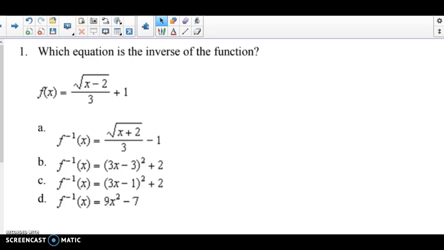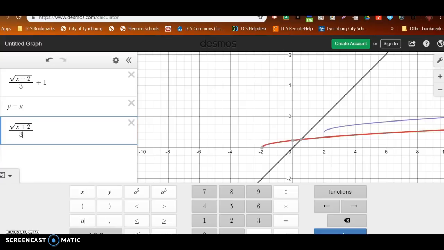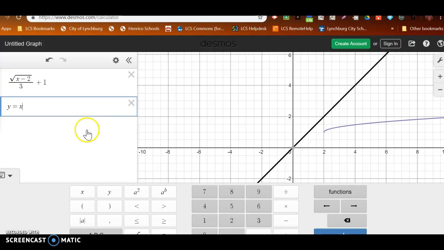So if we go ahead and type in our first answer choice, it is the square root of x plus 2, all divided by 3, minus 1. That's on the same side of that equation, so I know that one doesn't work. So I'm going to get rid of that one.